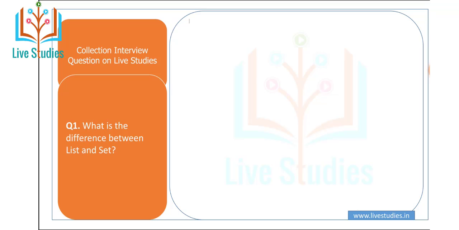The list can contain duplicate elements, but set includes unique items. Means set cannot contain duplicate items. And the second point is, the list is an ordered collection which maintains the insertion order, whereas the set is an unordered collection which does not preserve the insertion order.